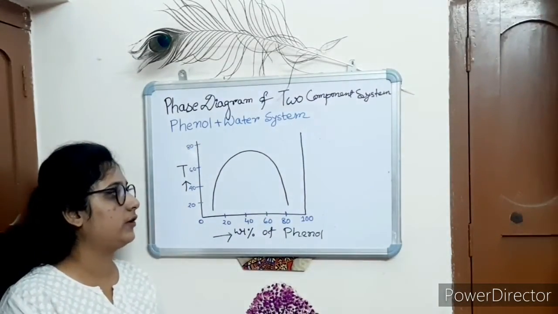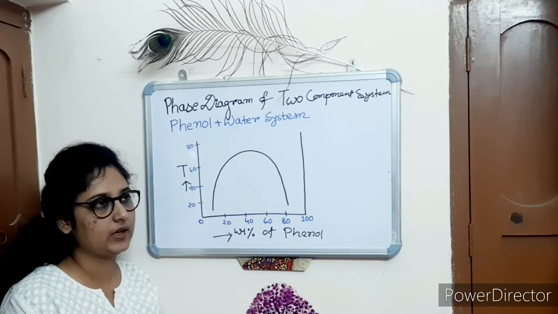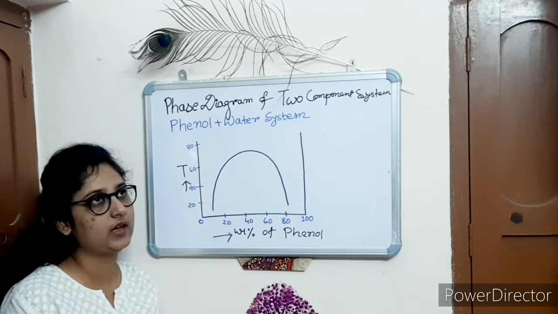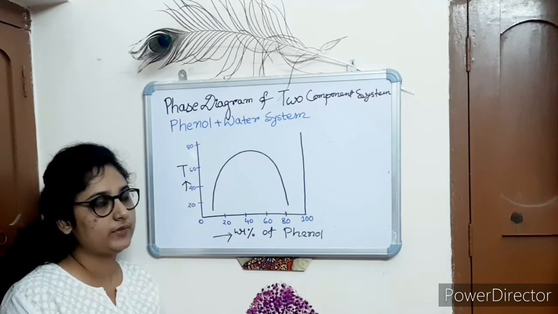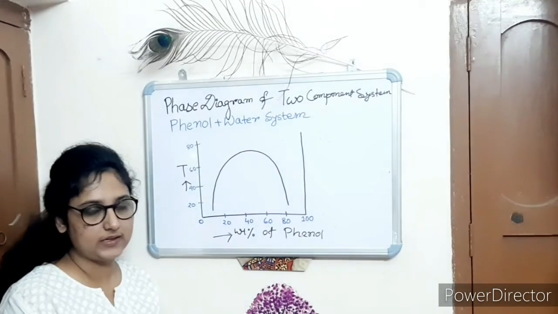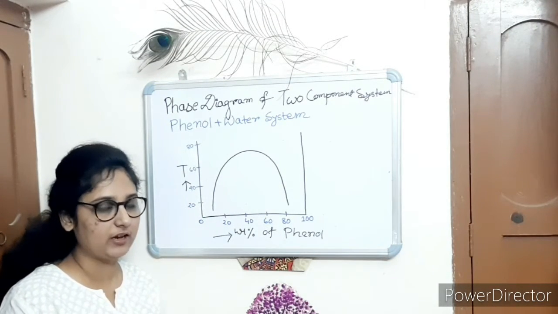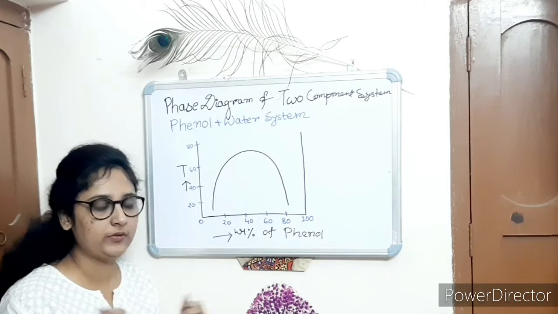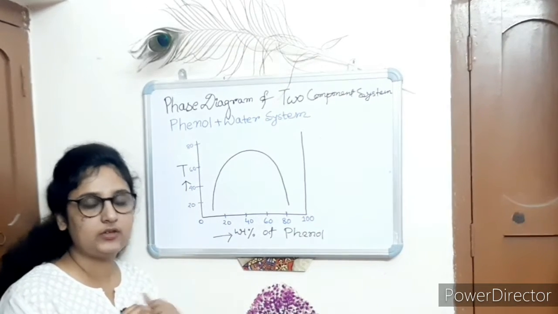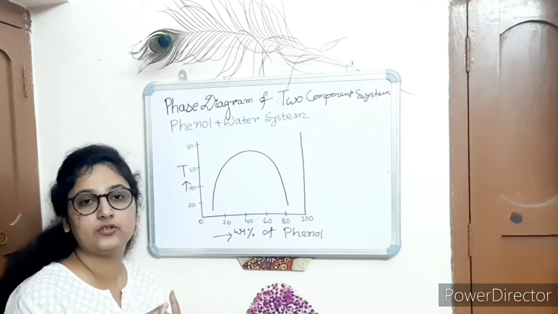Now for a liquid mixture, if I am taking the oil and water system, these two are both liquids, but when we mix oil and water they don't mix together, they form a heterogeneous solution.